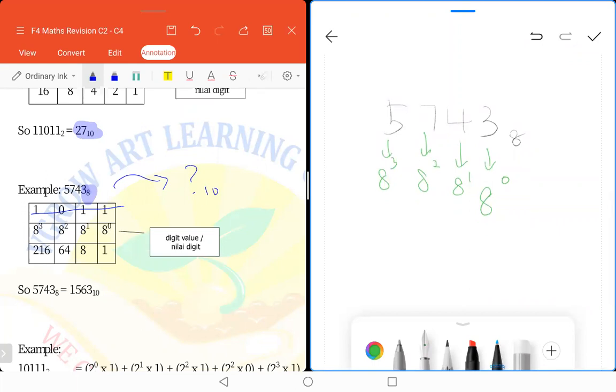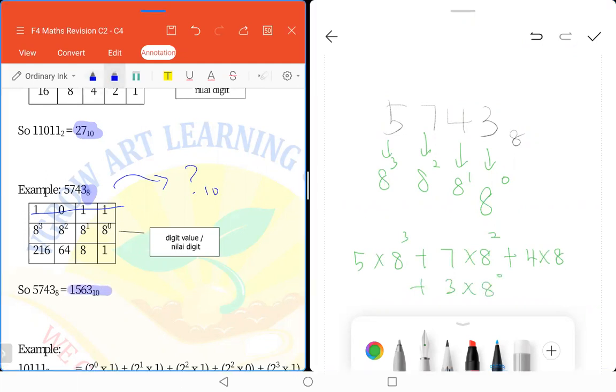Okay. So in order to get the number in base 10, you just multiply. So 5 times 8 cube plus 7 times 8 square plus 4 times 8 plus 3 times 8 power 0. So straight away you will get the answer in base 10 is 1563.